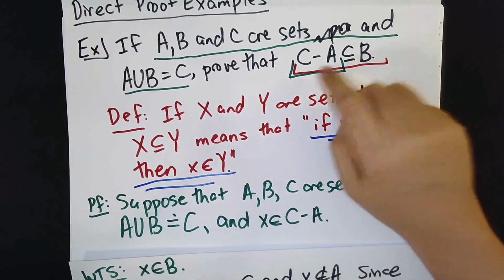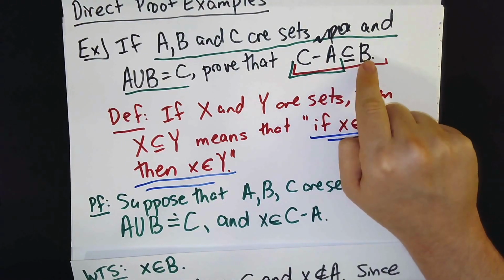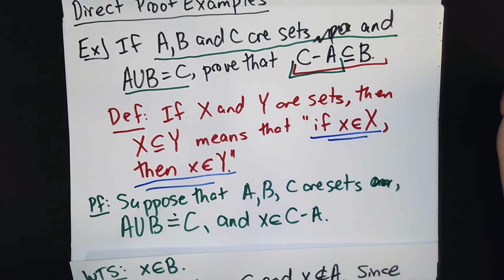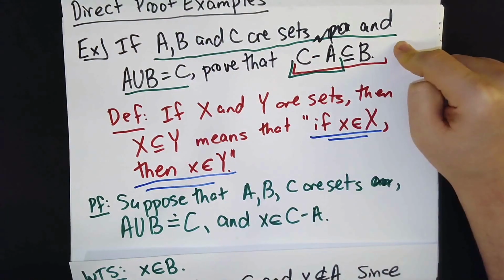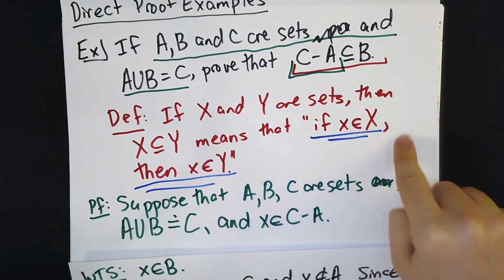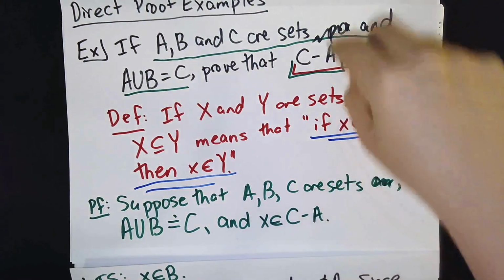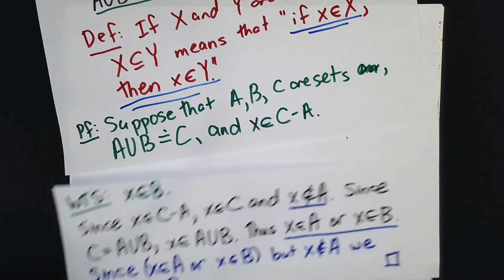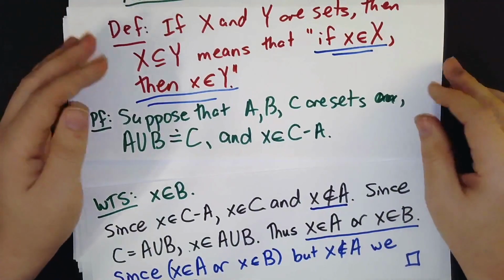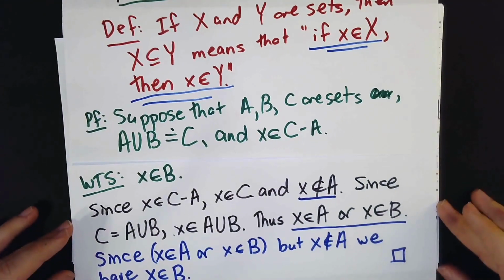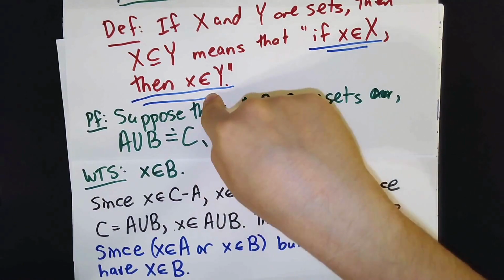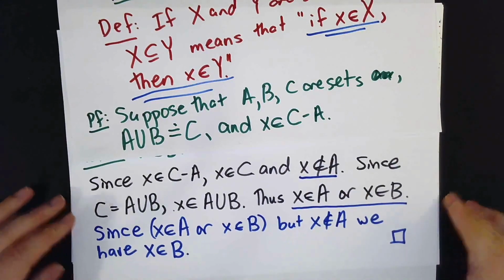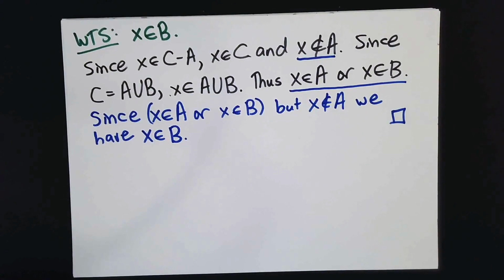So in this case, if x is an element of C minus A, then x is an element of B. So I went ahead and I structured my proof so that I supposed this if at the start, which was x is in C minus A. And then I worked through that using the definitions of all of my favorite set things. So I got to use union and set minus and all of these things. I worked through that until I got to x was in B, but then that finished my proof. Whenever you're showing something as a subset of something, that's always how this is going to work.